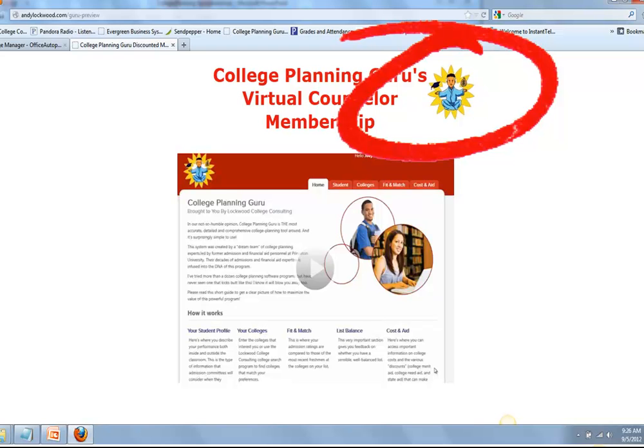It's a one-year subscription to using this tool, and it's really going to give your child the edge. It's going to make you go through this process with your eyes wide open and really succeed at the college planning process, which most people think is convoluted, stressful, and hard to figure out. This tool gives you clarity, 94% clarity.